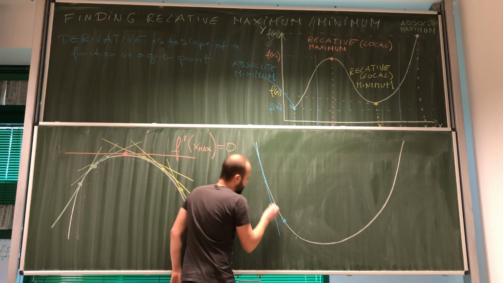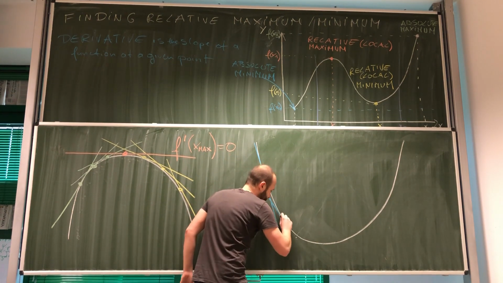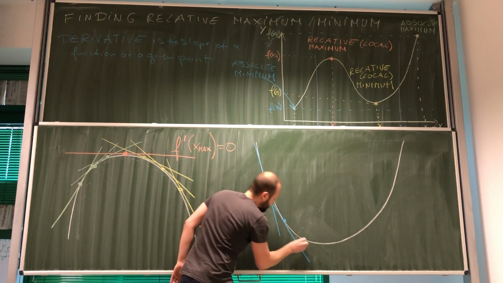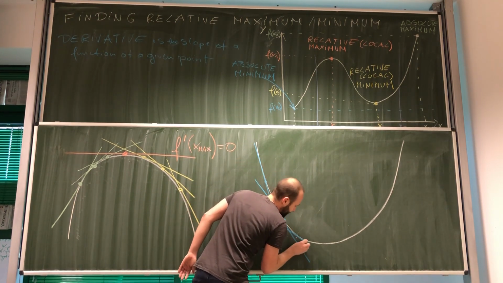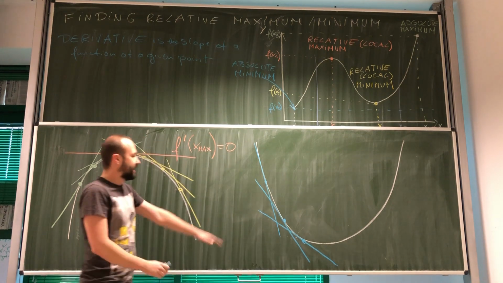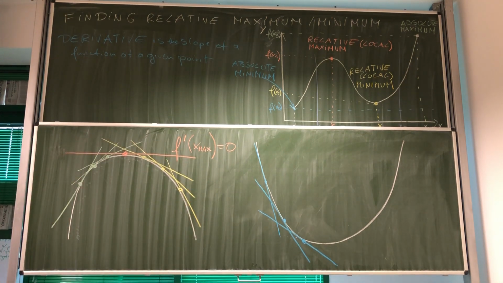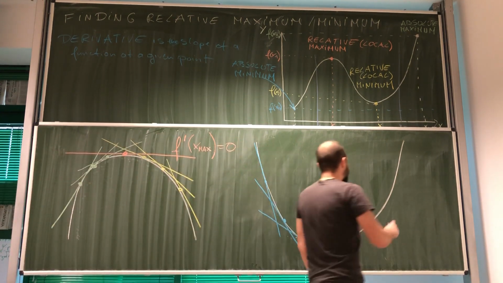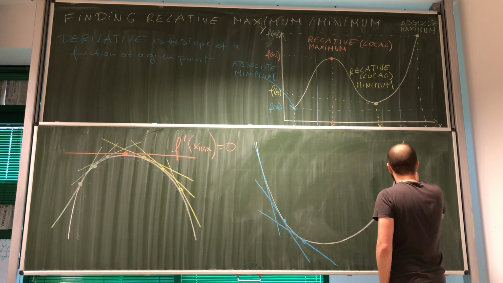Over here, it's still negatively sloped, but it's a little bit flatter. And it gets flatter and flatter as I'm approaching the minimum. And if I would do the same thing from the other side, again, the same pattern would emerge.